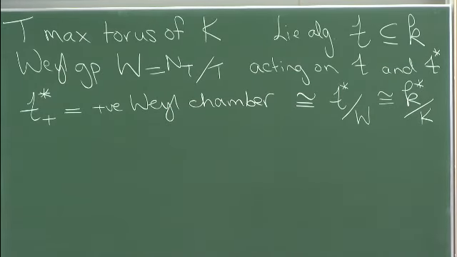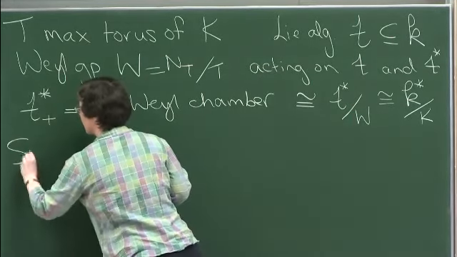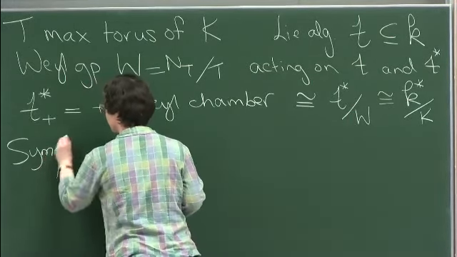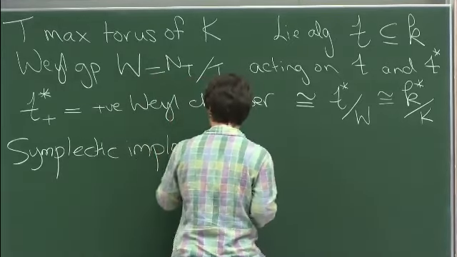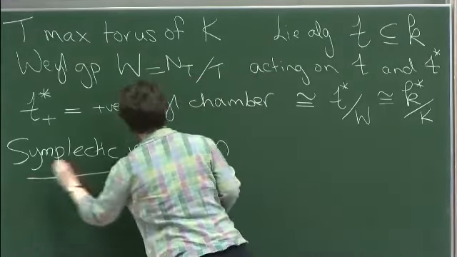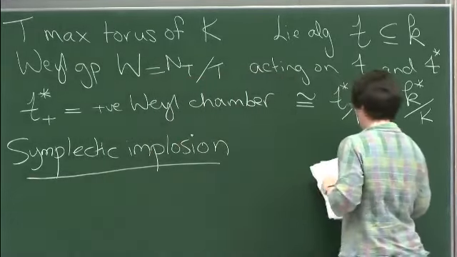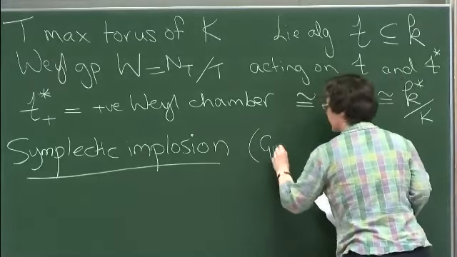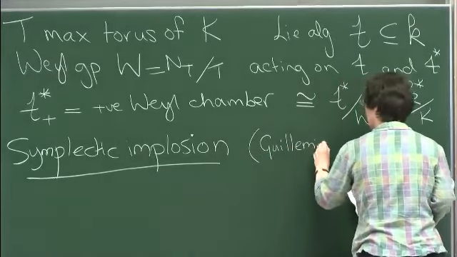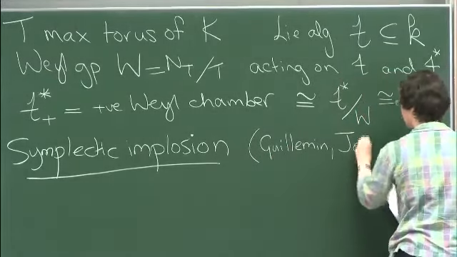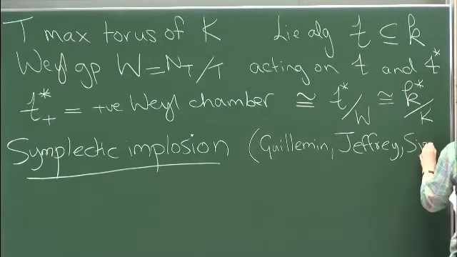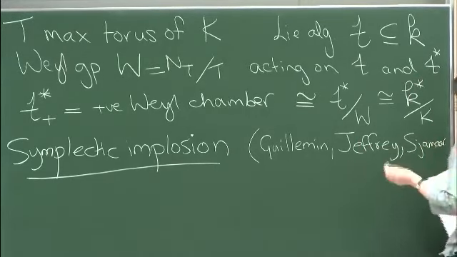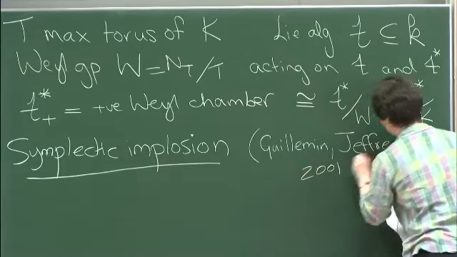So in this situation, the description of symplectic implosion, as I said, is due to Victor Guillemin, Lisa Jeffrey and Reyer Sjamaar, and I think it was published 10 years ago.